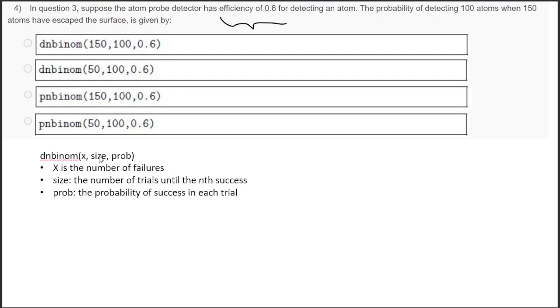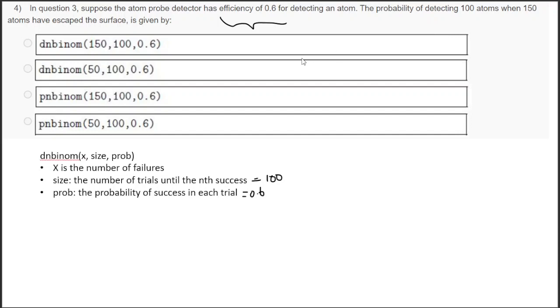So dnbinom of x comma size comma probability. X is the number of failures, size is the number of trials until the nth success, and probability is the probability of success in each trial, which is 0.6. So the number of successes is 100. Here they have asked only for detecting 100 atoms.